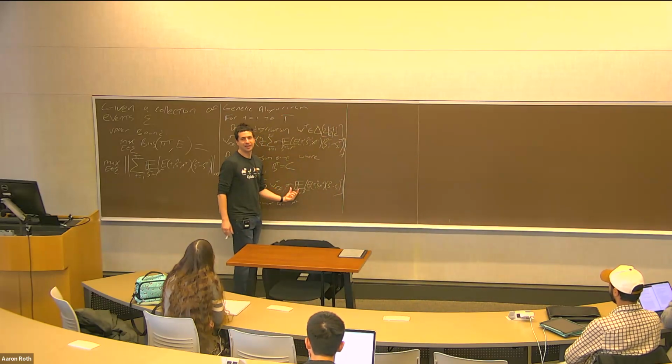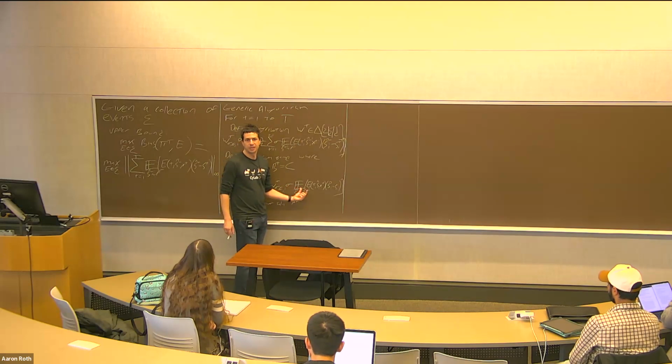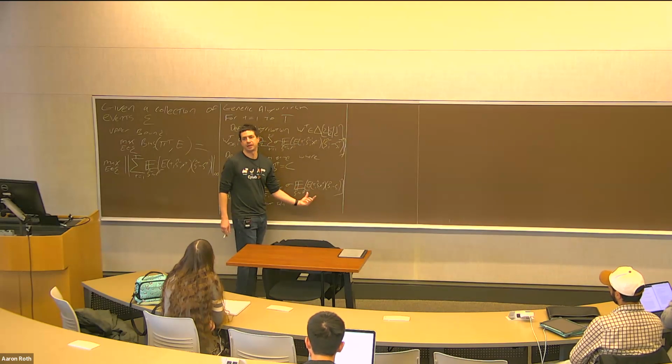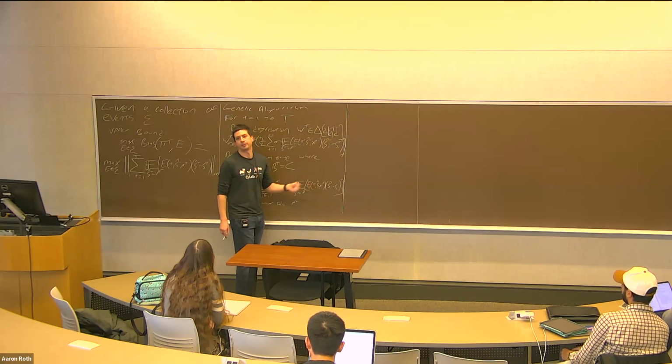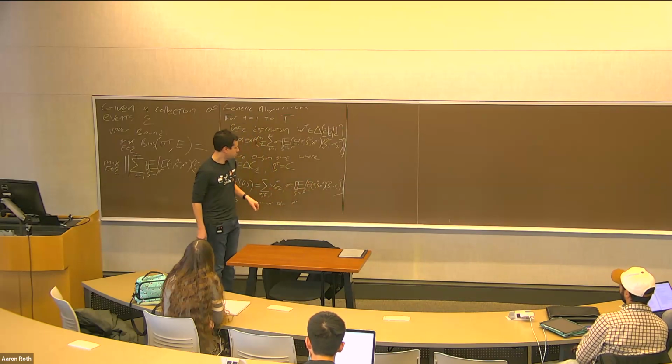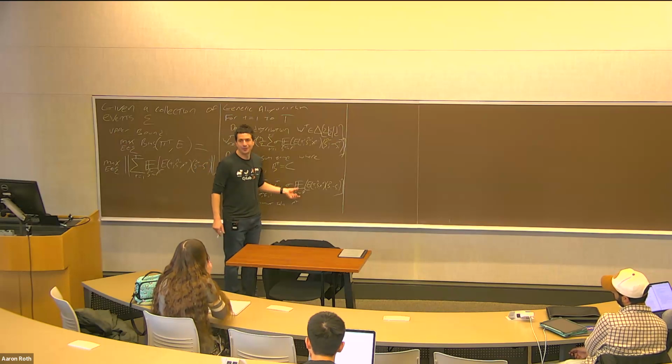At least if this expectation wasn't here, this would not be a linear function of the learner's action. Okay, because this event E is some arbitrary function. Now, of course, we allowed the learner to randomize.